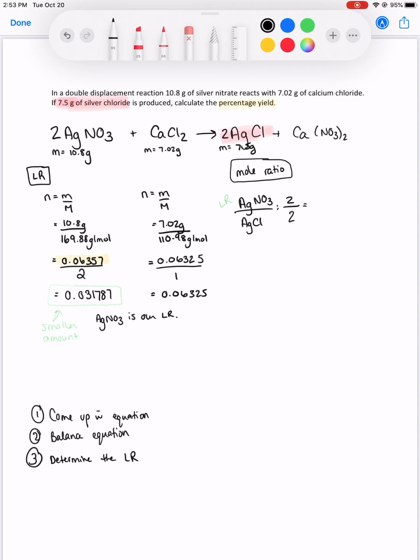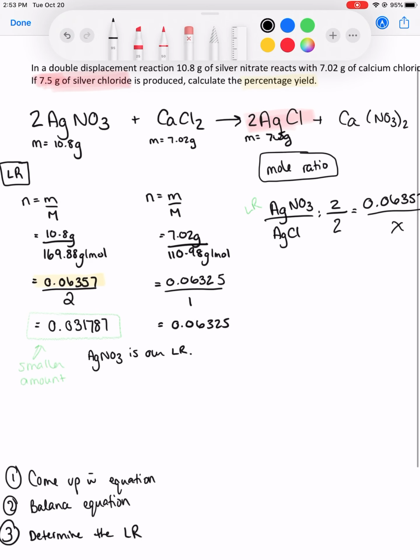Again, we're going to use 0.06357. Okay, that amount is here. Like I said, we're using this amount of moles.